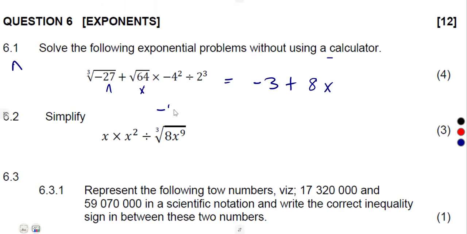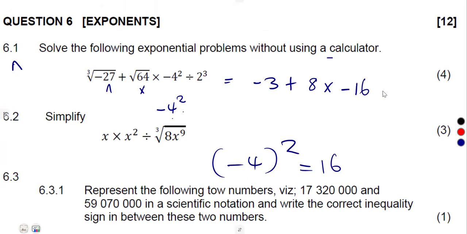It's -4 squared. It is not like this, (-4) squared in a bracket. If it was like this, it was going to give us positive 16. But this one, where the negative is not included as part of the 4, the answer is going to be a negative. So it's 4 squared, which is 16, but having a negative, all right?